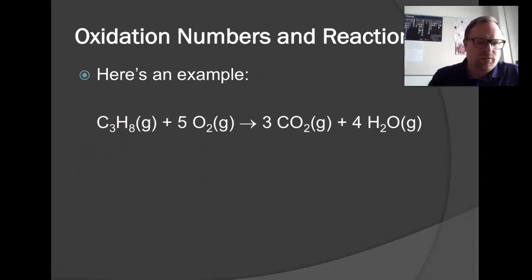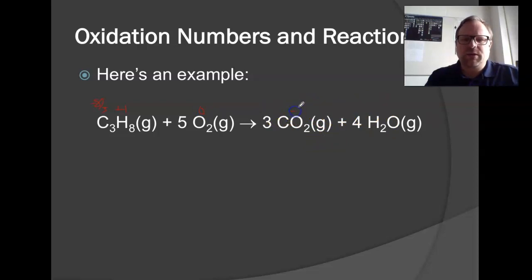I can probably work through this one quickly using my mouse, and then we won't have to re-record everything. We figured out propane in this example up here. If you recall, propane had a negative 8/3 for its oxidation number. Hydrogen was +1. Oxygen in its elemental form, all by itself, any element all by itself is going to be an oxidation number of 0.